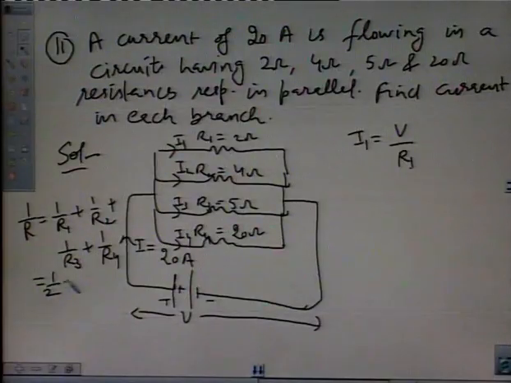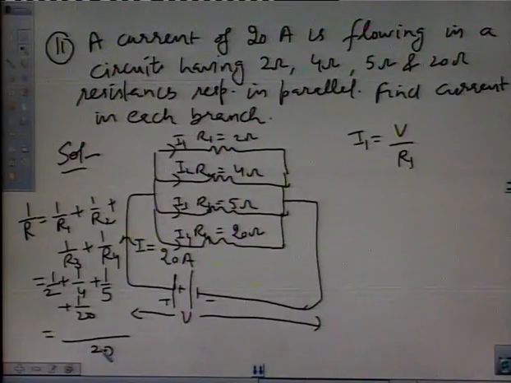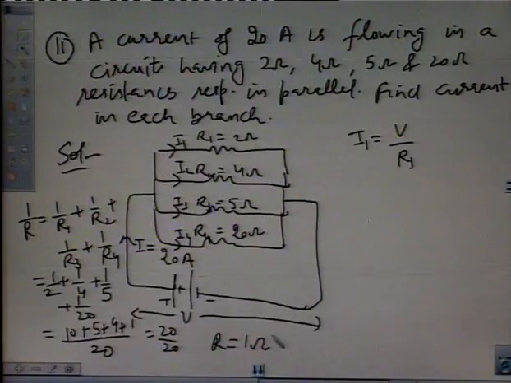This is equal to 1 by 2 plus 1 by 4 plus 1 by 5 plus 1 by 20. Taking their LCM, 20, 10 plus 5 plus 4 plus 1, this is equal to 20 upon 20. So the resistance R is equal to 1 ohm. This is the total resistance in parallel combination.